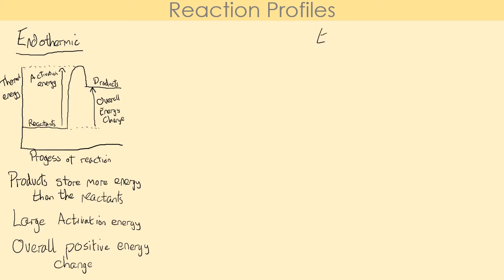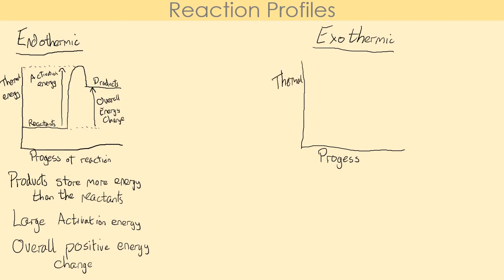We'll now look at an exothermic reaction. And we're going to do the same thing. We're going to have our y-axis and our x-axis. Again, we're labelling them the same. We've got our progress of reaction and we've got our thermal energy.